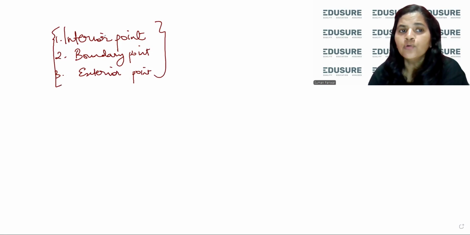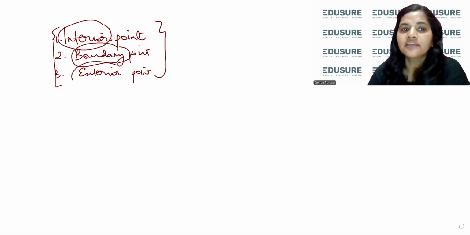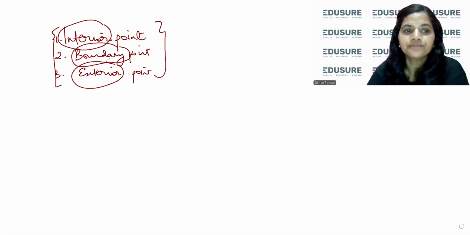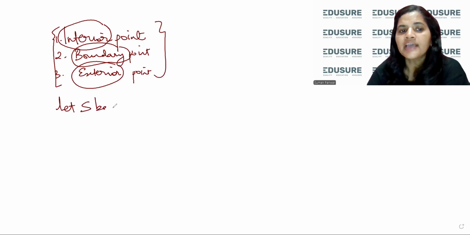Now, if you look at the terminology, interior means something which is inside. Boundary means something which is on the edges or perimeter of something. Exterior means something which is outside. All right. So we will define it in a real analysis way. And how do we do that? So assume that S is a set.